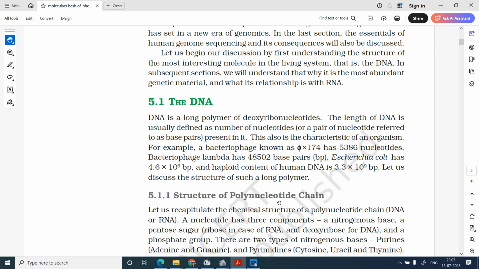Bacteriophage lambda has 48,502 base pairs. E. coli has 4.6 x 10^6 base pairs, and the haploid content of human DNA is 3.3 x 10^9 base pairs. Let us discuss the structure of such a long polymer.